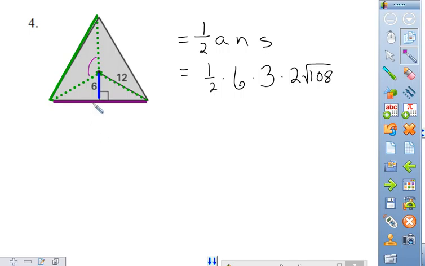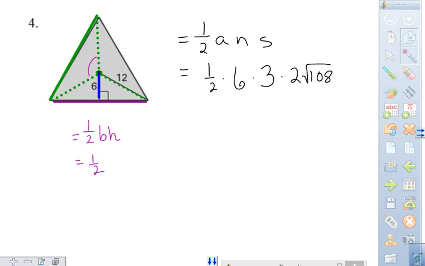So for one of these triangles, remember our formula for a triangle is 1/2 base times height. So the base we found was 2 roots of 108. And then the height is given at 6. So if I simplify that, 1/2 of 2 is gone, so I get 6 roots of 108.